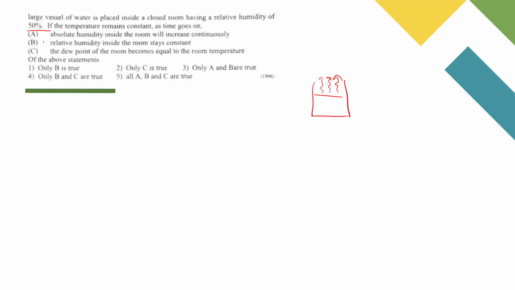So statement A: absolute humidity inside the room will increase continuously. Let's think about that. Now our room is similar to the classroom. Already we have 50% occupation as they have mentioned. That means 50% of the classroom is filled.